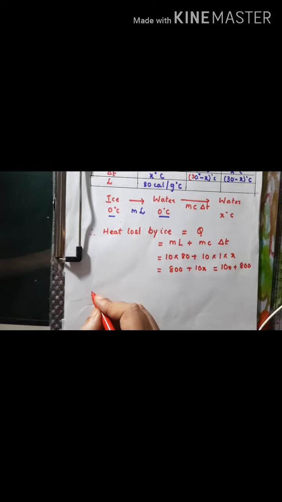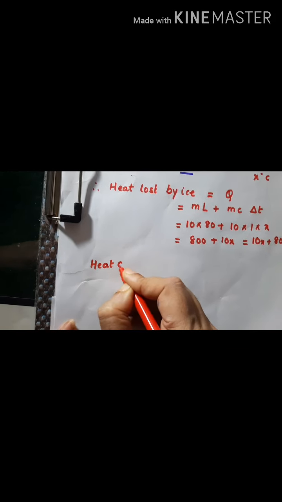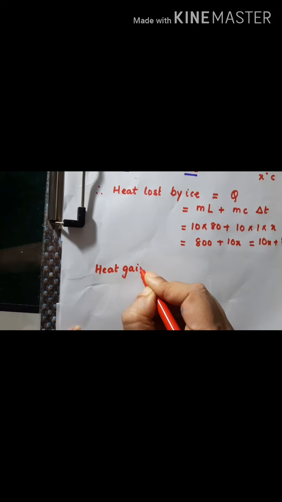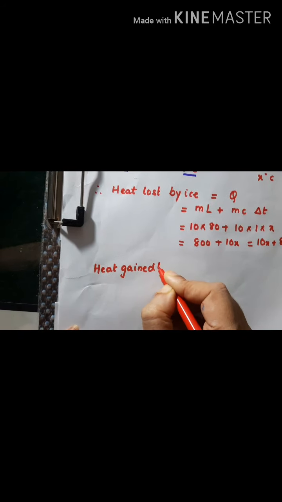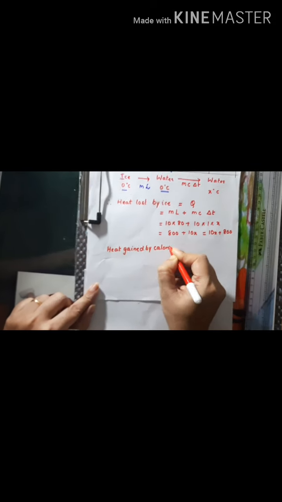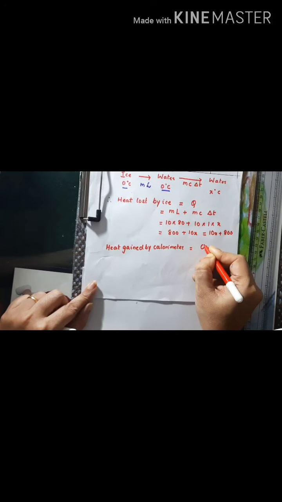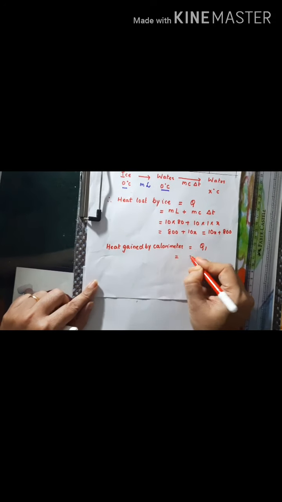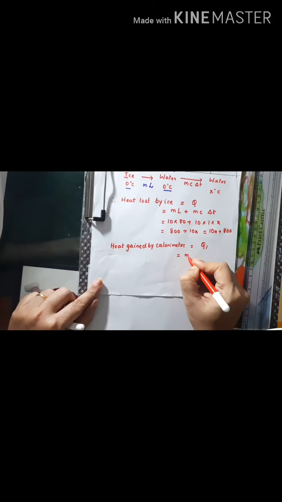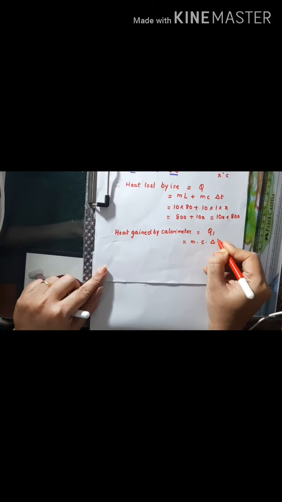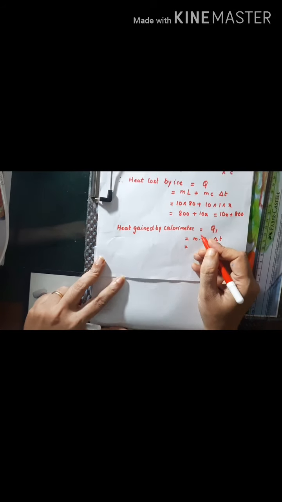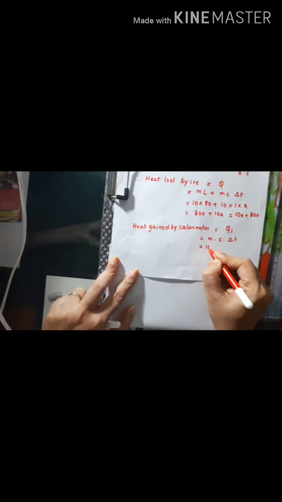Now, heat gained by calorimeter equals to Q1. This is equal to M into C into delta T, because only my temperature is increasing. So what is my mass of the calorimeter? 100.